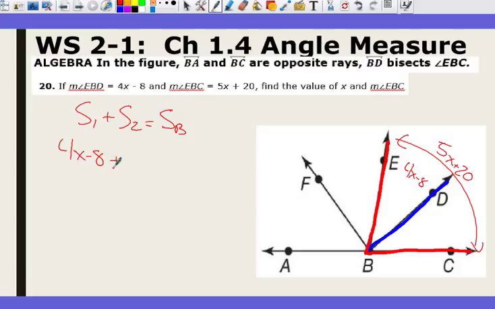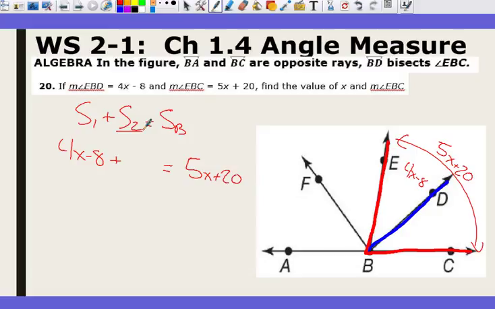Plus. We don't know what the equation for slice 2 is yet. I know some of you do, though. Is equal to, what's the equation for the big slice? 5x plus 20.